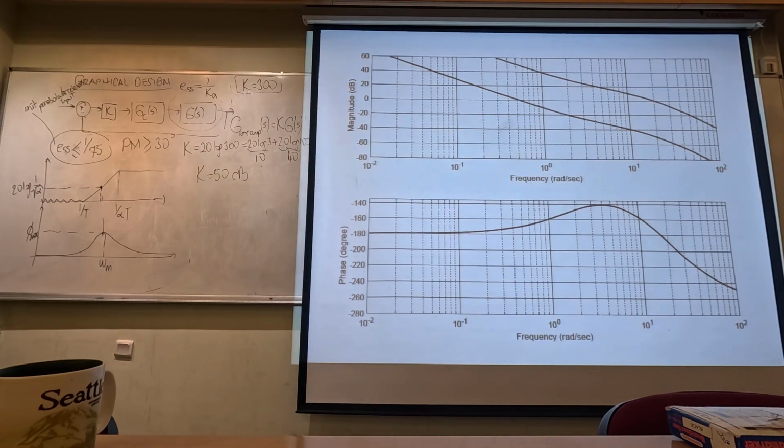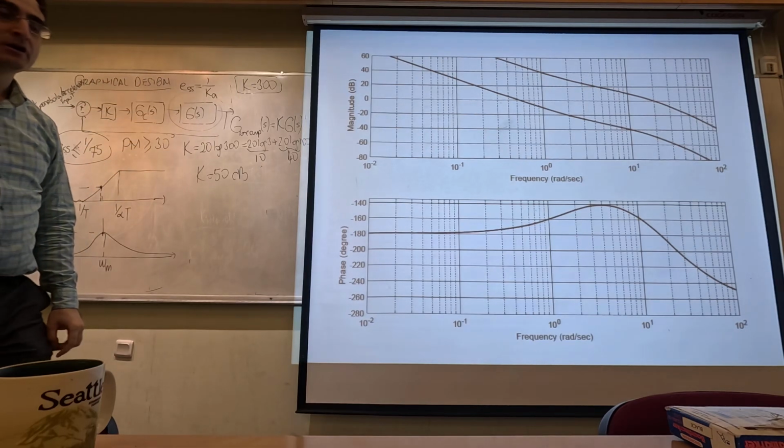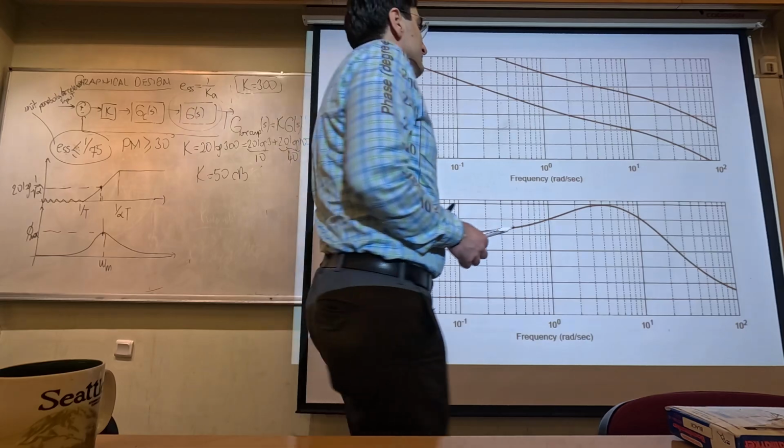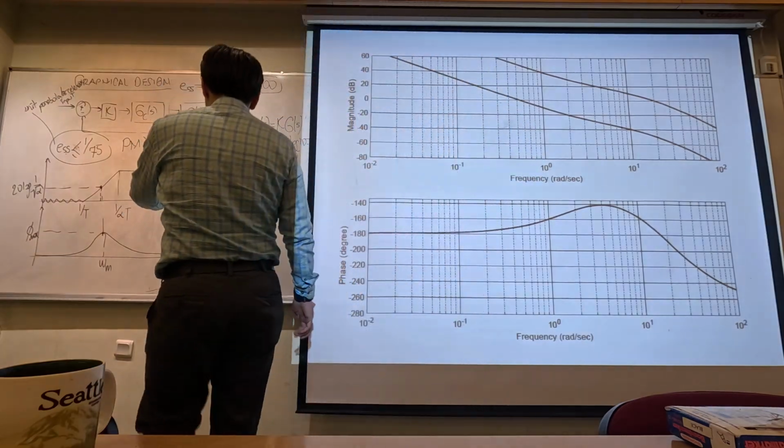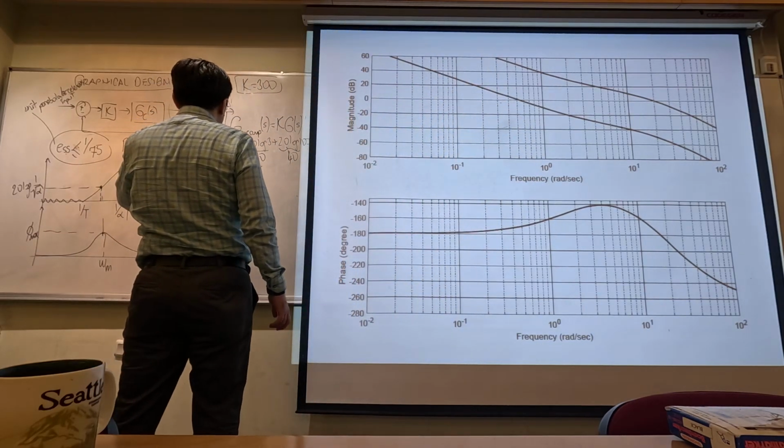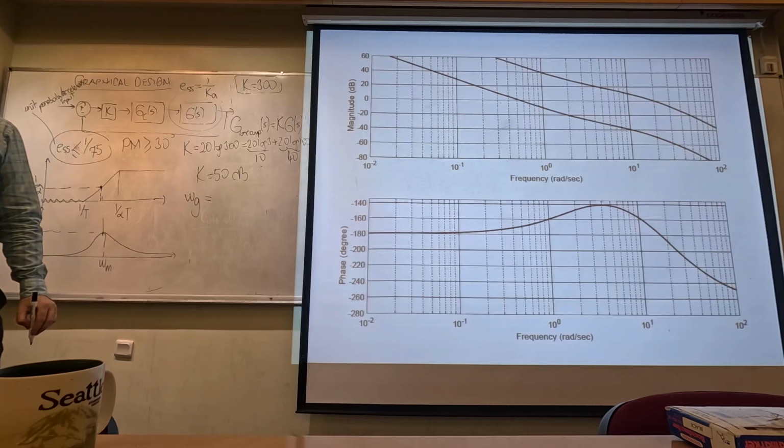So now what we need to do for designing a phase lead compensator is to find the actual phase margin of the uncompensated system. For that, I'm going to find the uncompensated gain crossover frequency. This is called omega G, and it is where the gain of the uncompensated system is 1 or 0 dB.